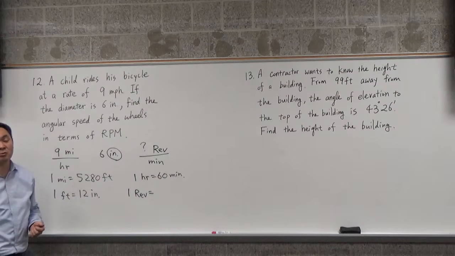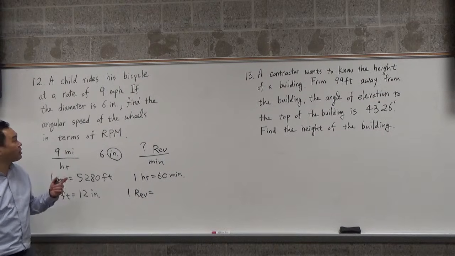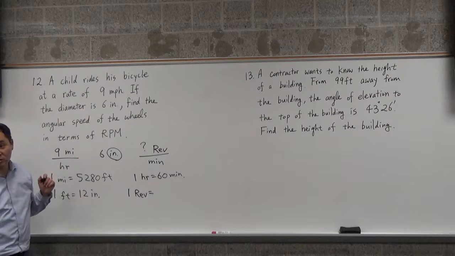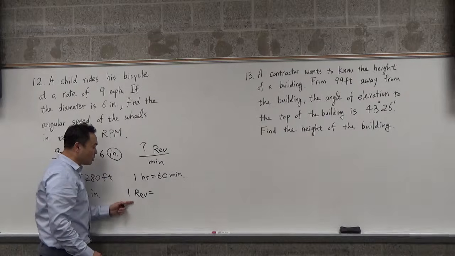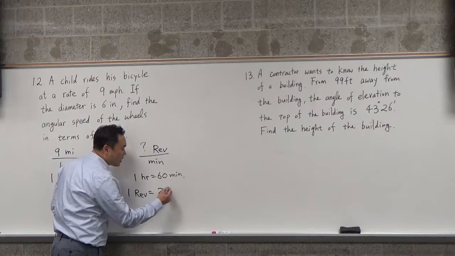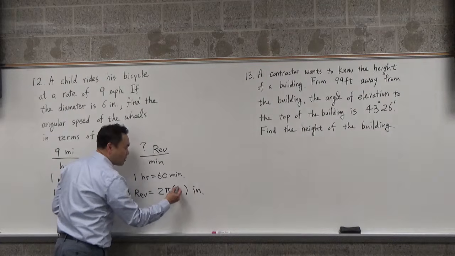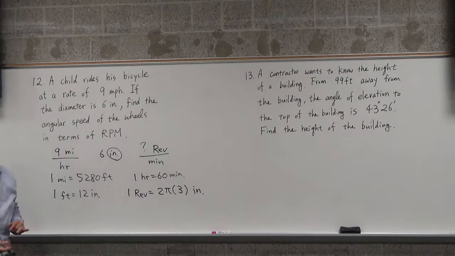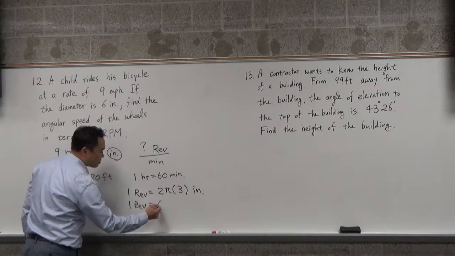What formula do we use? 2 pi r is the formula for the circumference, where r is the radius. What's the radius of this wheel? 3. It's half of the diameter, so it's 3. So I know that 1 revolution is 2 pi r inches, and 3 should go in there because that's half of 6, okay? So we see that 1 revolution is going to be 6 pi inches.